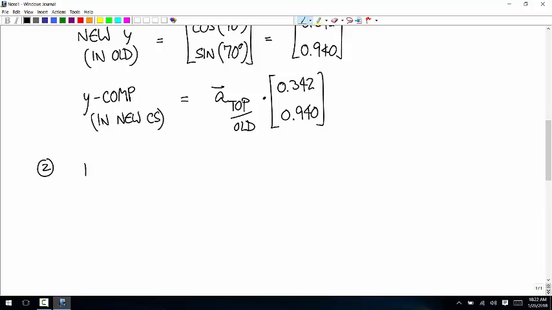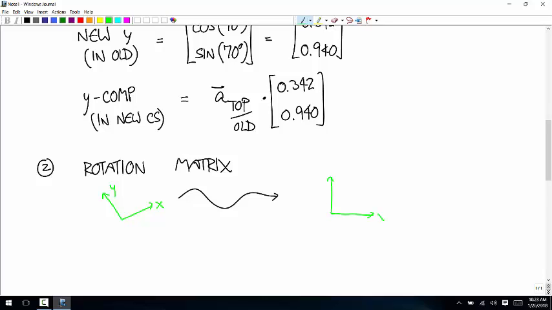So the second way is a rotation matrix. So if we want to go from this to this, what we're doing is rotating clockwise 20 degrees.